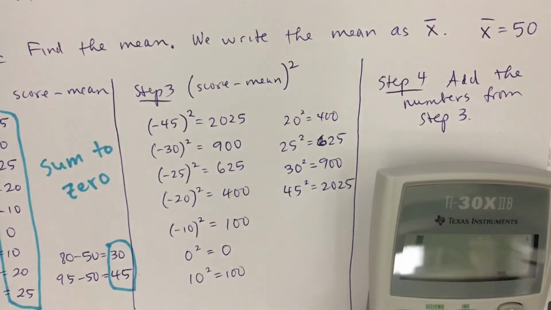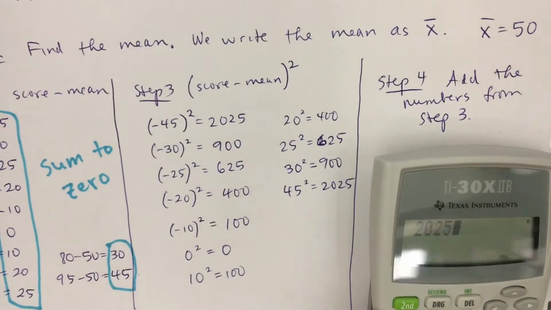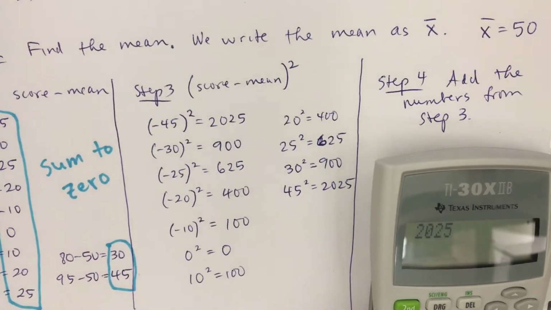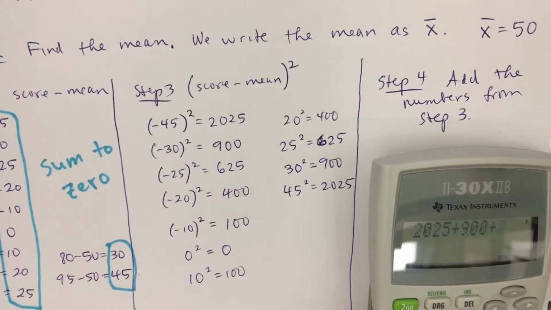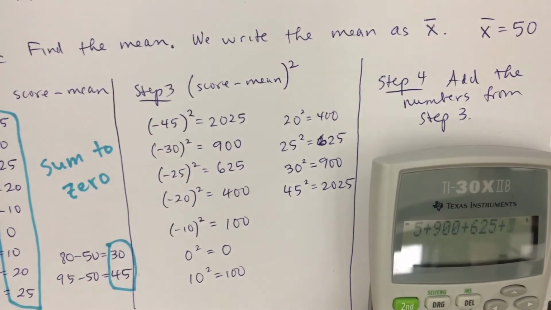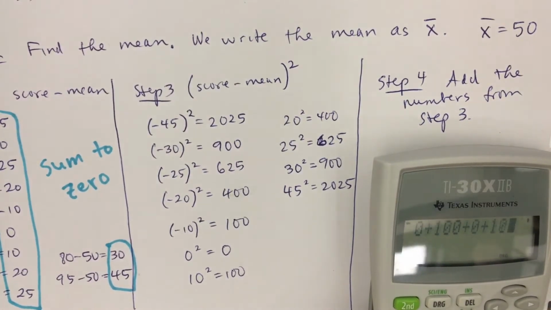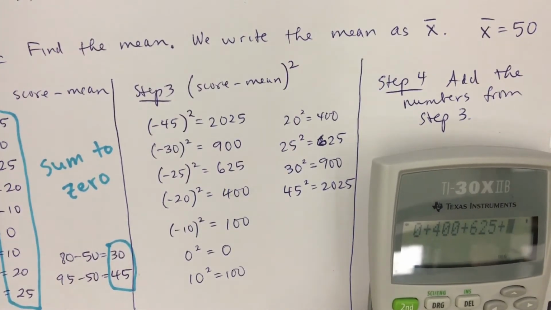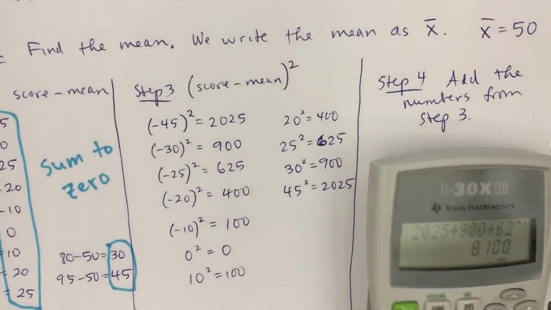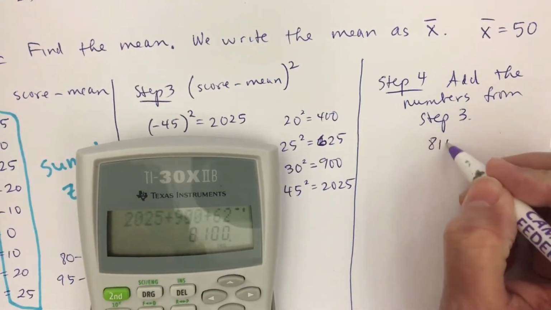So I'll just do an addition on my calculator. 2025 plus 900 plus 625 plus 400 plus 100 plus 0 plus 100 plus 400 plus 625 plus 900 plus 2025. I added them up and I got 8,100.